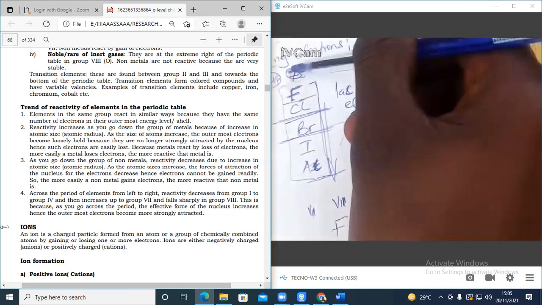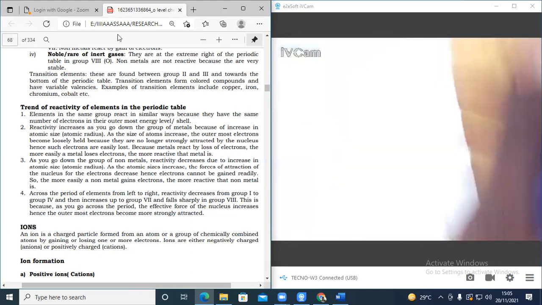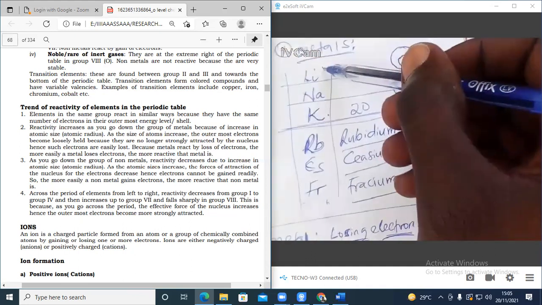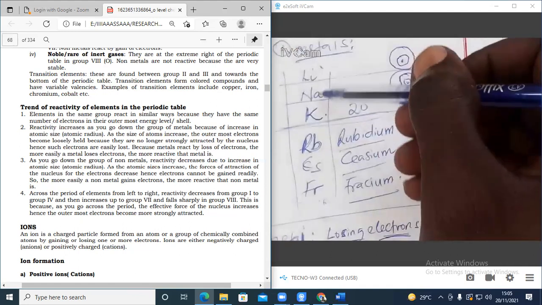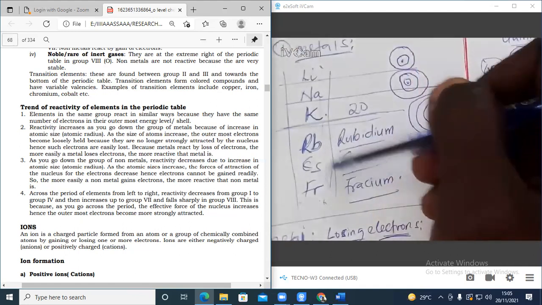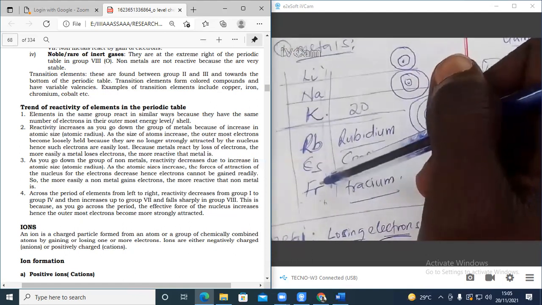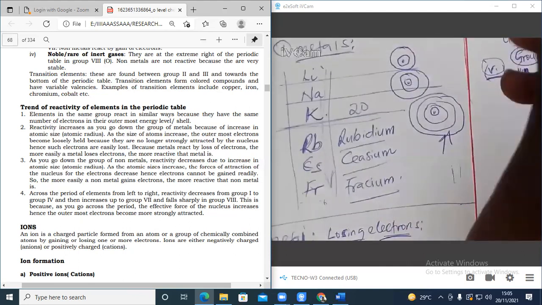Then group 7 elements are more reactive than group 8. For metals, group 1 elements are more reactive because they have only one electron to throw. So their reactivity increases as you go down the group. So the most reactive metal is this one, followed by this, followed by this, as we go up.